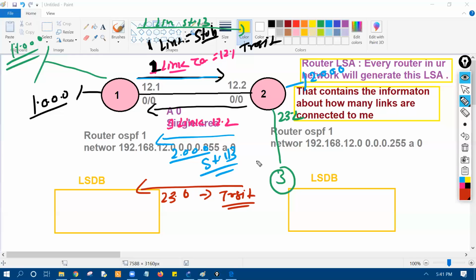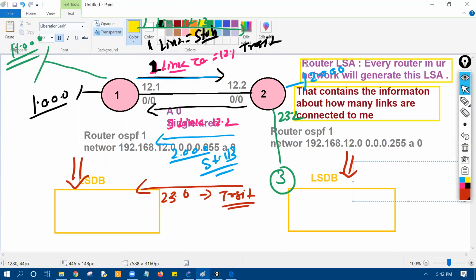So basically what happens in your router, let's say, the router is just going to share the information about how many links are connected to me. And all this information will be stored in the LSDB table. LSDB stands for Link State Database, which is going to contain the collection of LSAs.